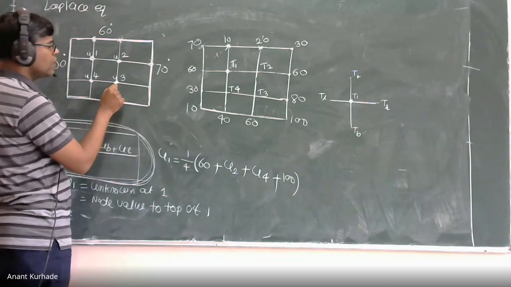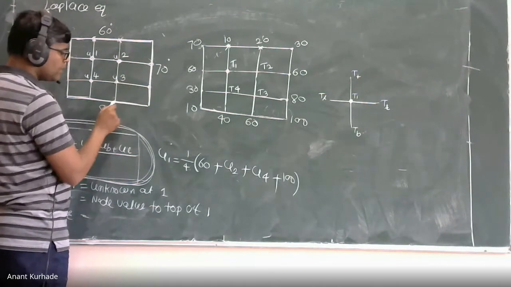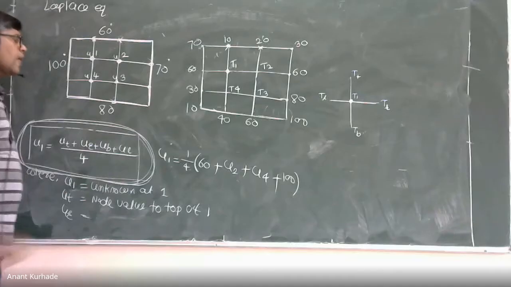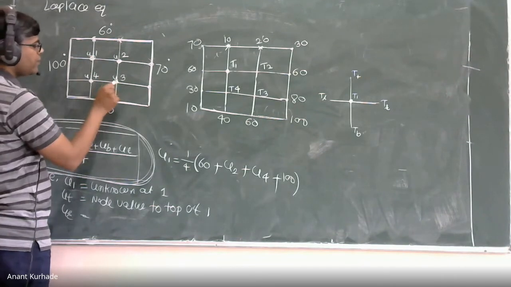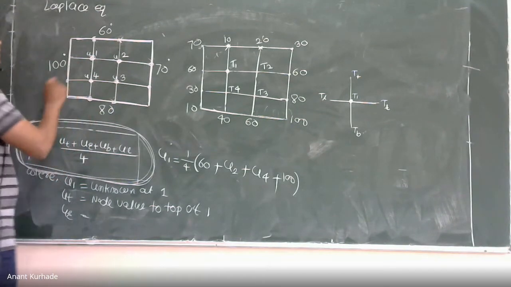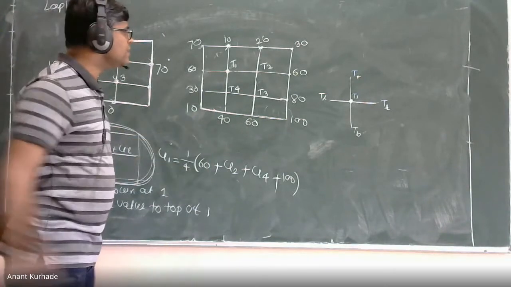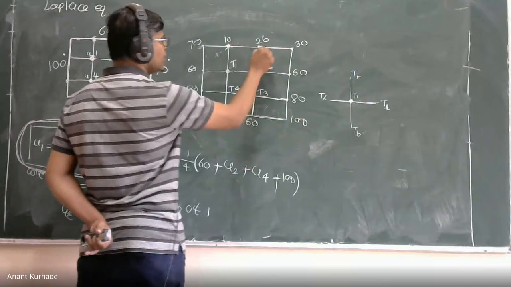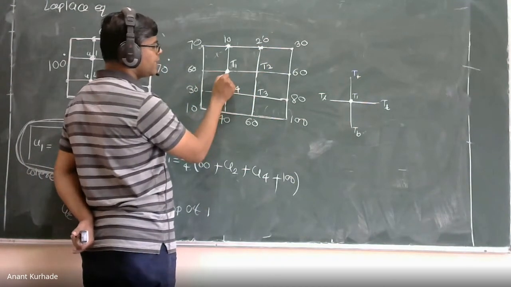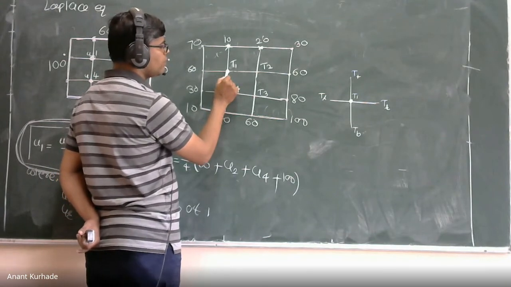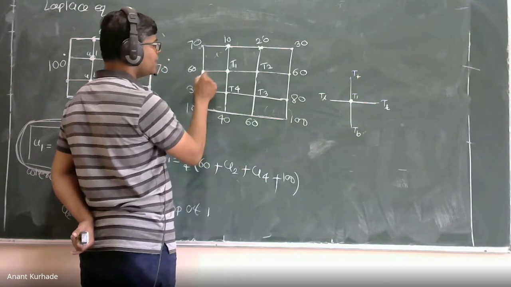U3 is equal to 1 upon 4 into bracket U2 plus this value 70 plus 80 plus U4, and U4 is equal to 1 upon 4 into bracket U1 plus U3 plus 80 plus 100. So use the same formula, but here the values are provided on the surface nodes. T1 is equal to 1 upon 4 into bracket 10 plus T2 plus T4 plus 60.